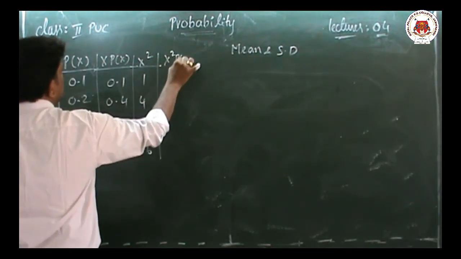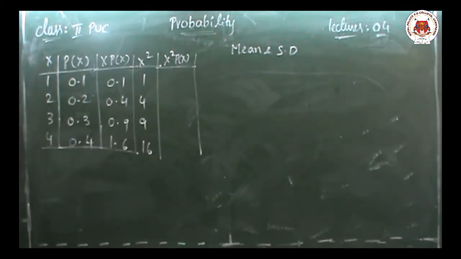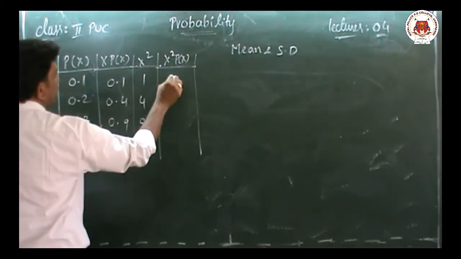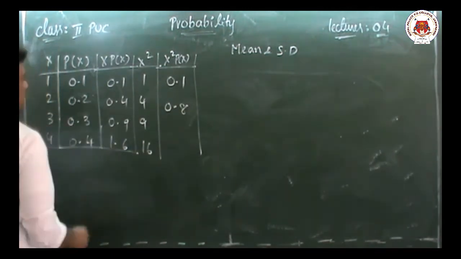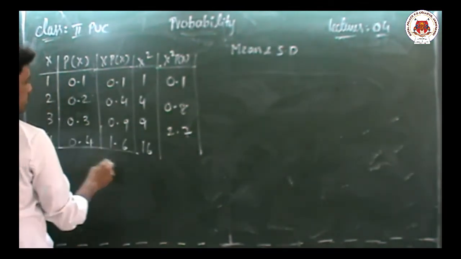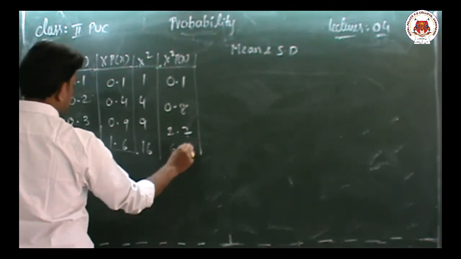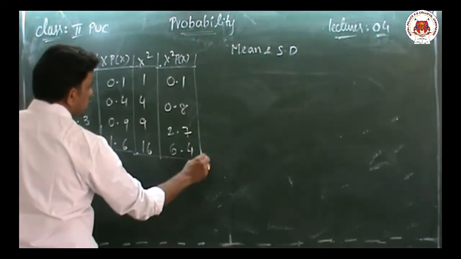Next is x square into p of x: 1 into 0.1 is 0.1, 4 into 0.2 is 0.8, 9 into 0.3 is 2.7, 16 into 0.4 is 6.4. So we have to add these values.